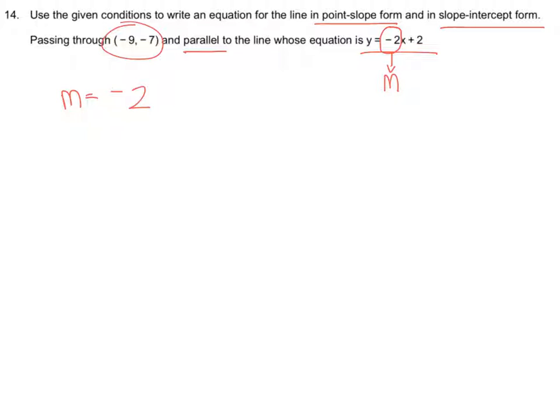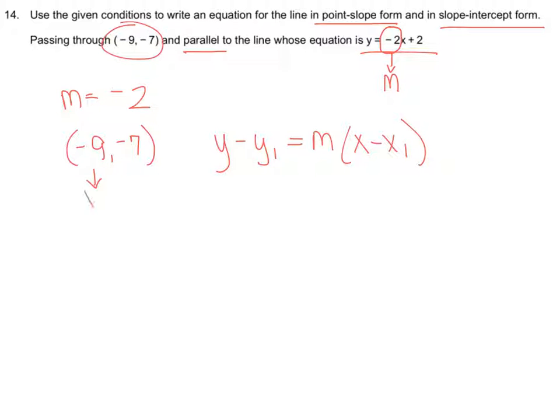That's because that line is written in y equals mx plus b, so the slope is just the number in front of the x. Now I have my point, which is (-9, -7), and we can use the point-slope form of y minus y1 equals m times x minus x1 to find our equation.